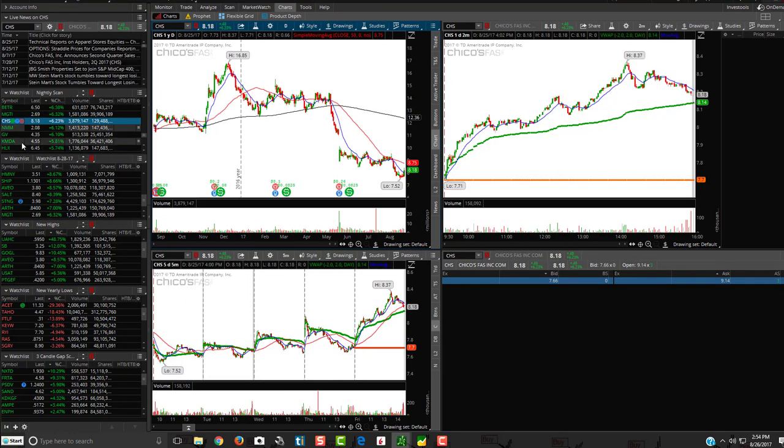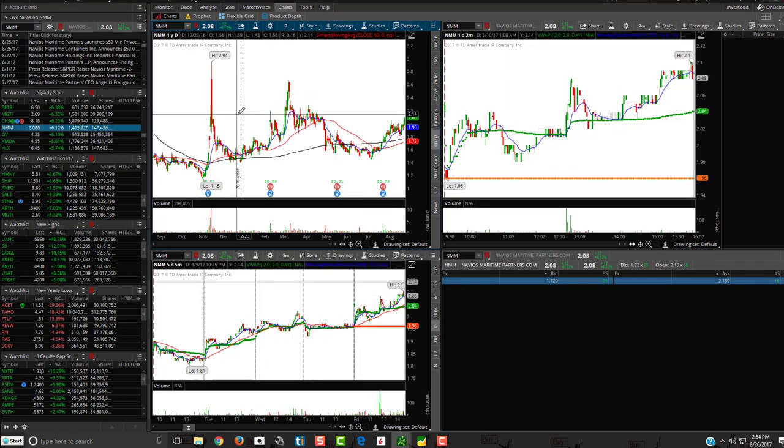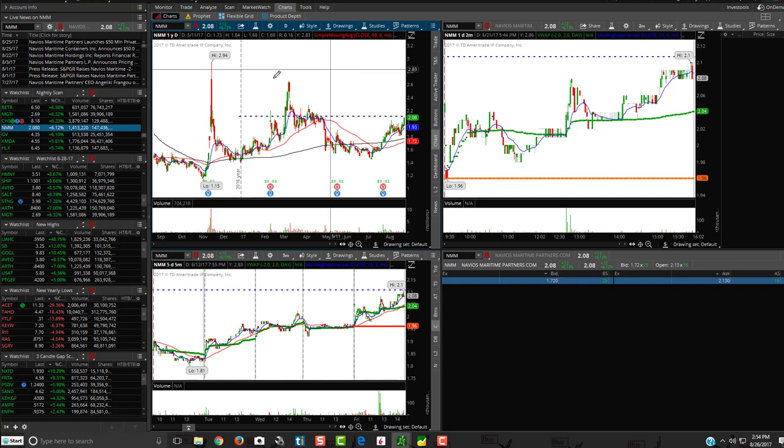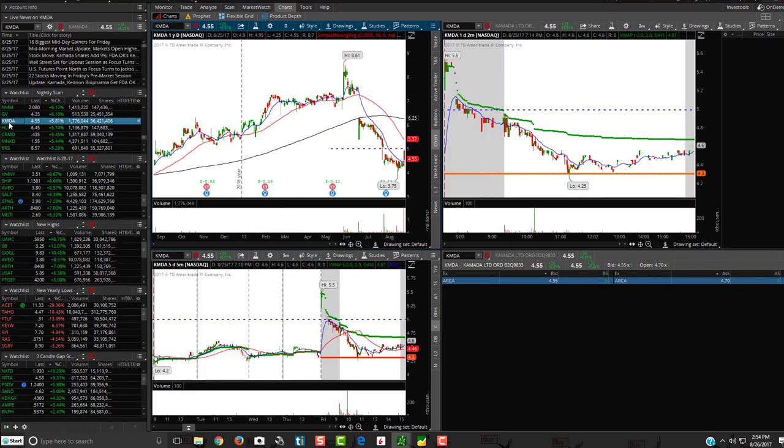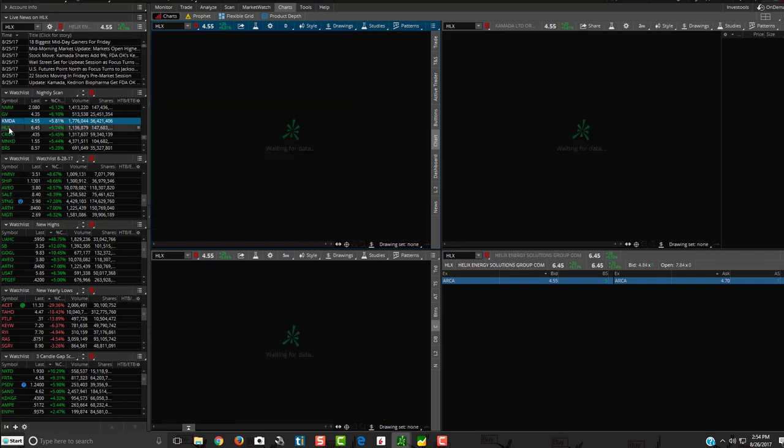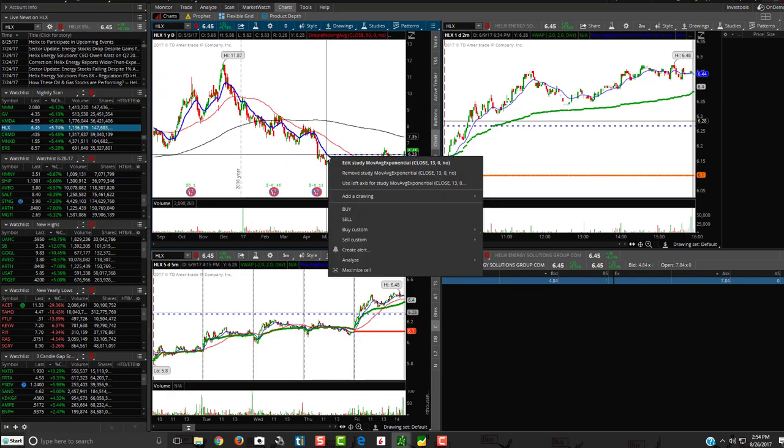CHS, no. NMM, it's got to break that 211 area, then go up. It's got lots of overhead resistance, don't like it. GV, no. KMDA, no. HLX, let's see here.